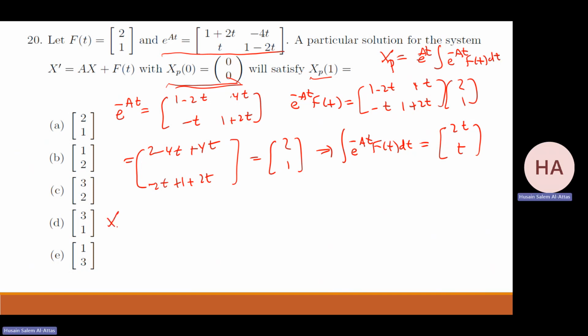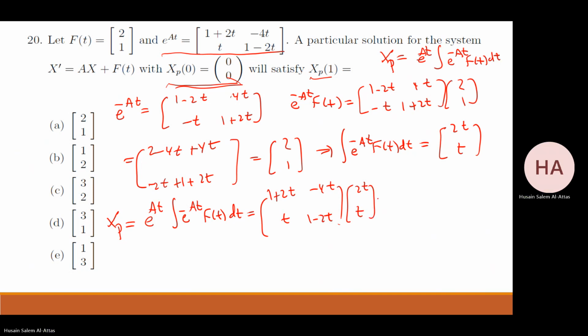Okay, so xp, it will be e to the at and this integral. That will be, what is e to the power at? 1 plus 2t, t, 1 minus 2t times 2t and t.